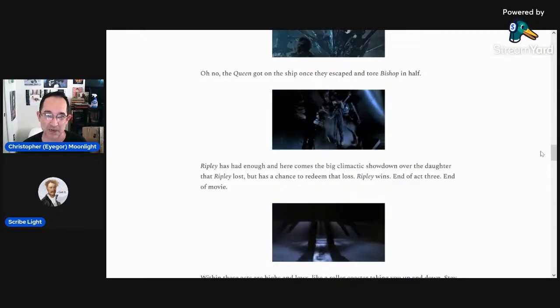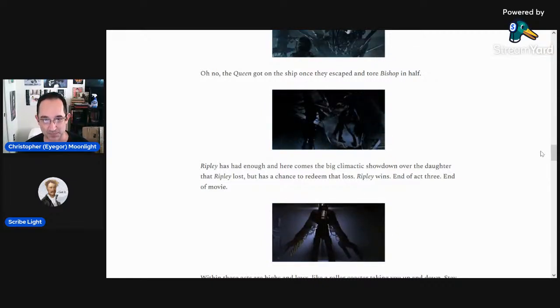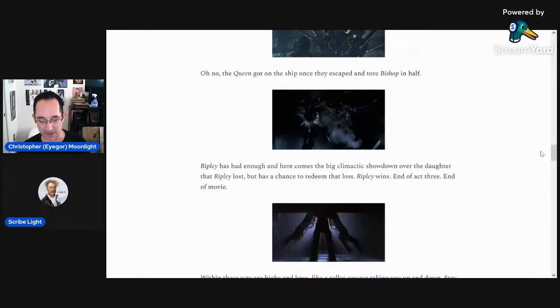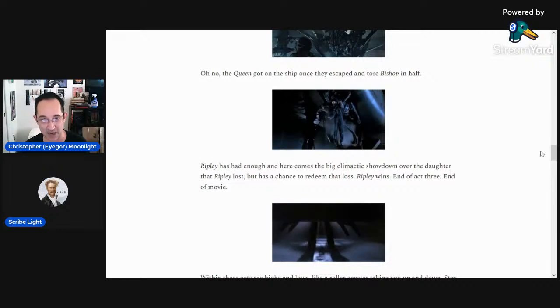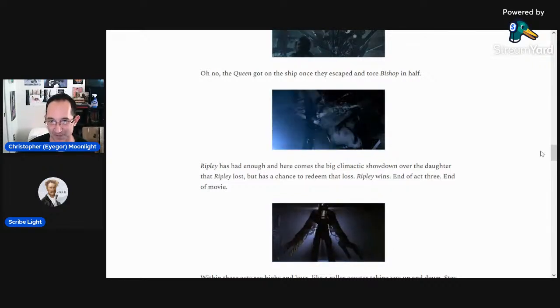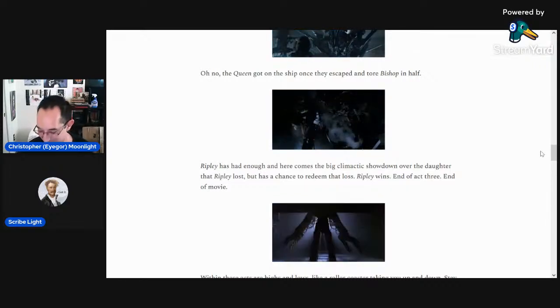But in this, when you meet Ripley, her attitude when they say we've got to go back is, there's no way I'm going back there. It's not worth it. I'll die. And you'll all die too.